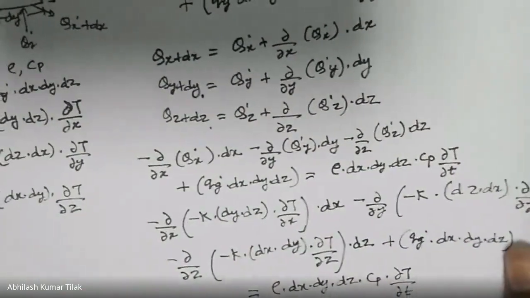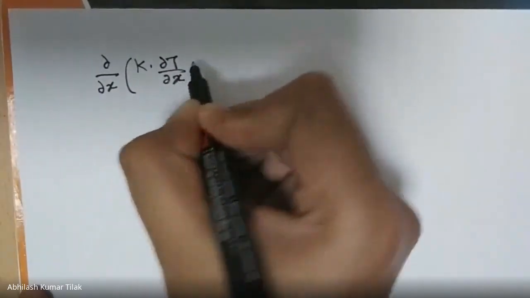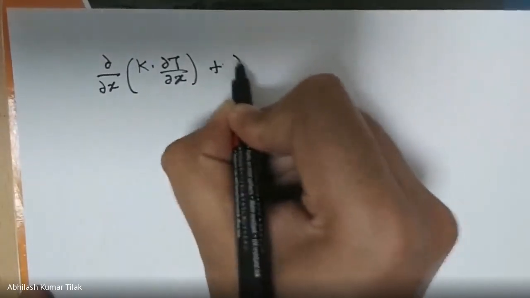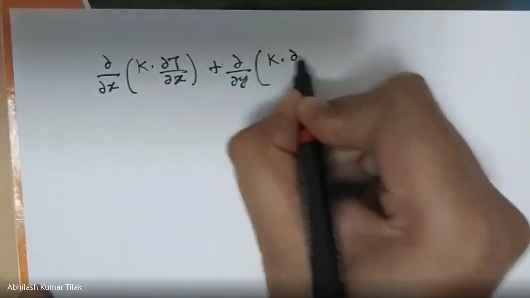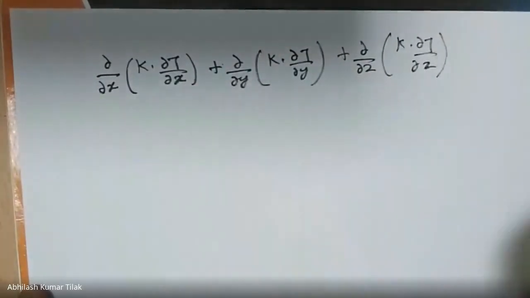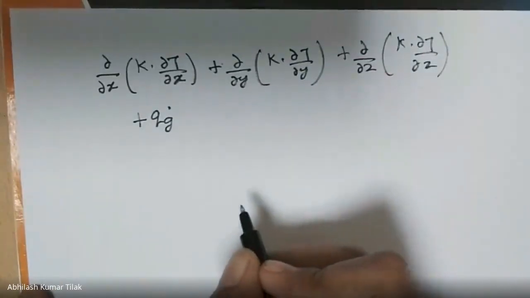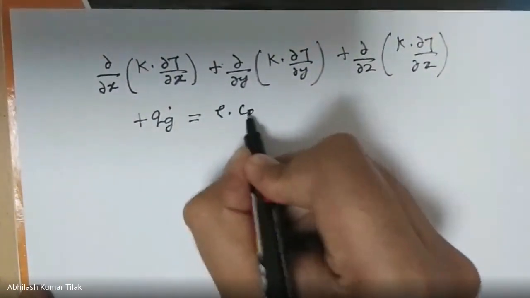So let us move forward to the next equation. If I take common dx, dy and dz and cancel it out, then the remaining equation would be dou by dou x of k into dou t by dou x, plus dou by dou y of k into dou t by dou y, plus dou by dou z of k into dou t by dou z, plus the heat generation term, that is qg, is equal to rho into cp into dou t by dou t.